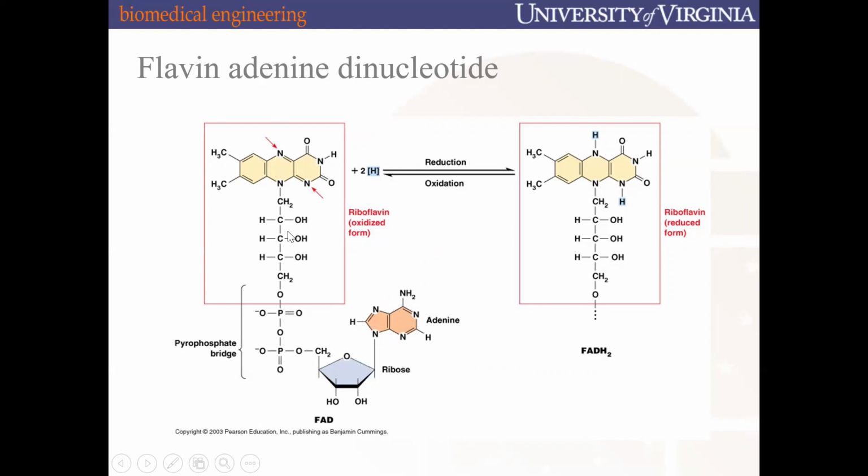But what's different is what's attached to that pyrophosphate bridge. Here you can see it's called a riboflavin. What's interesting about riboflavin is that it's also a derivative of vitamin B2. You can also see how it's being reduced and oxidized, going back and forth as the dehydrogenase reactions go on.